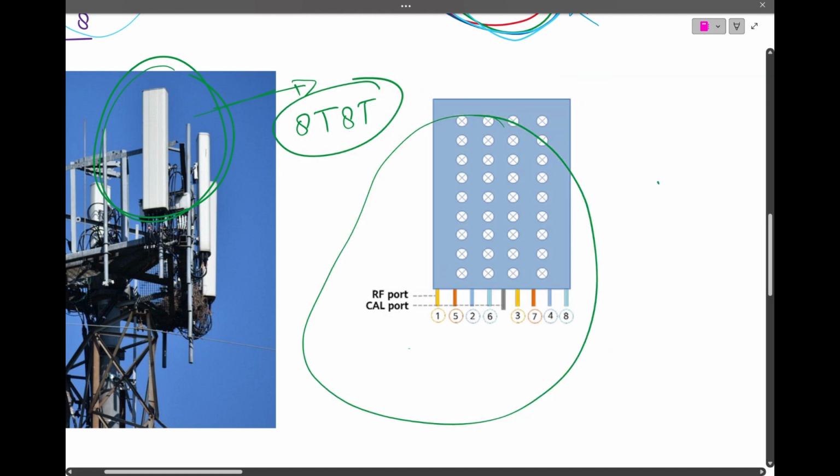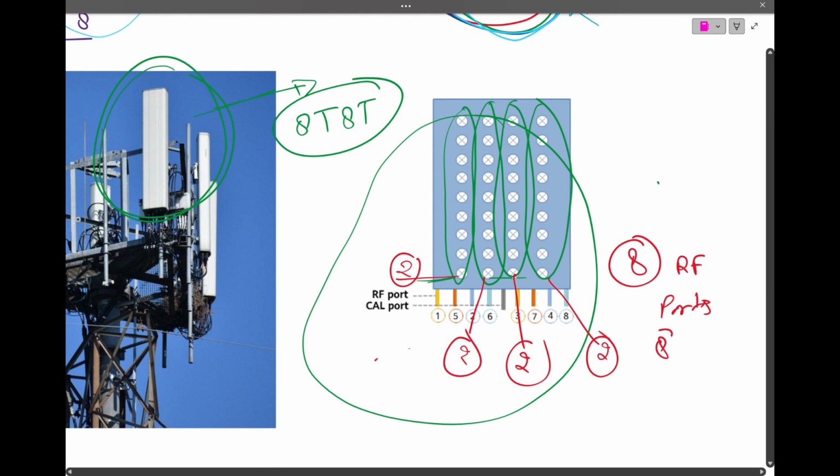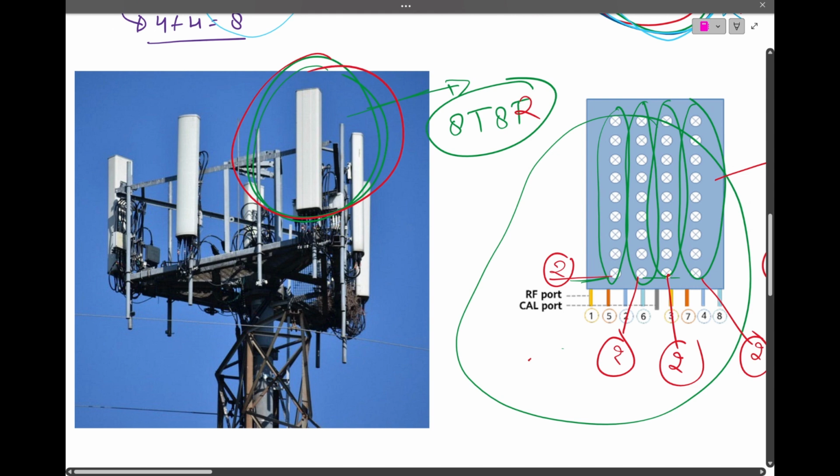One is this, the third one and the fourth one. The 4 you see are both dual polarized, so there are 2 here, 2 here, 2 here and 2. So there are a total of 8 RF ports, total 8 antennas. So it's known as an 8T8R solution, and this is how it practically looks.